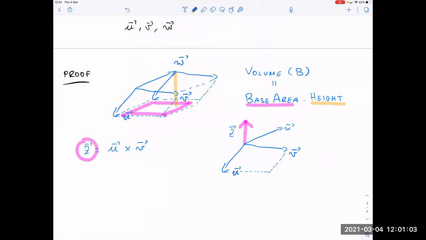And can you tell me what is the magnitude of Z? So let me know, what is the magnitude of vector Z? What do you think? It is the area of the base, because if you divide by 2, it is the area of the triangle. If you don't divide by 2, it is the base area. So the magnitude of Z is the base area.